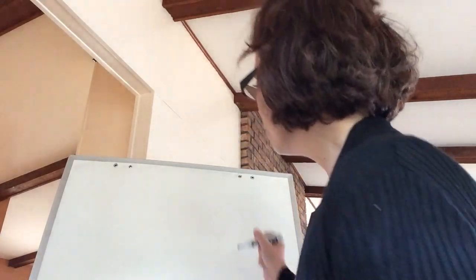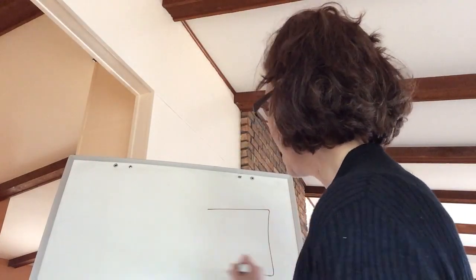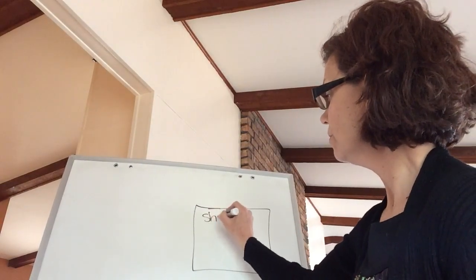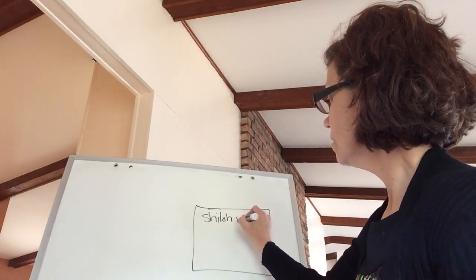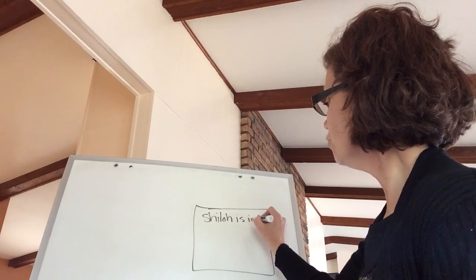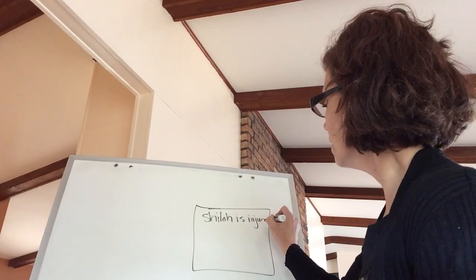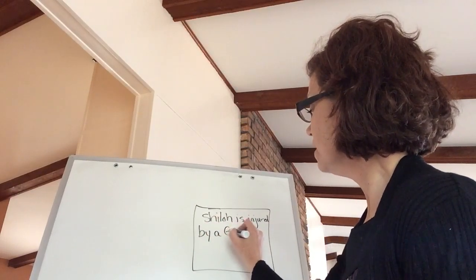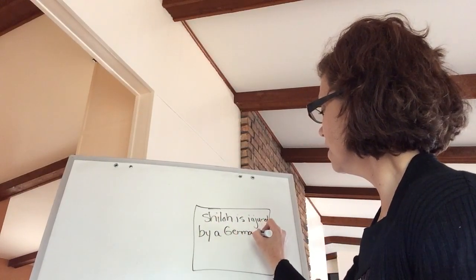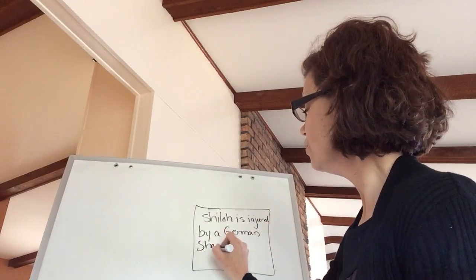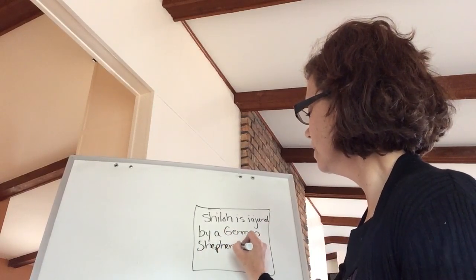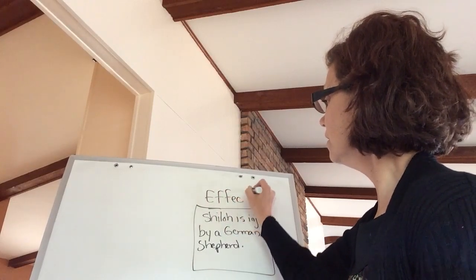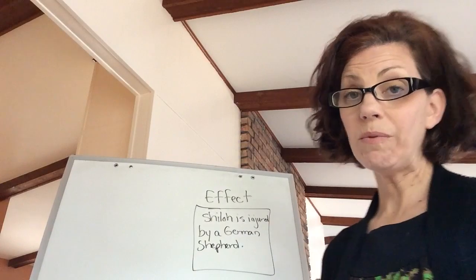So the effect in this whole situation is that Shiloh is injured by a German Shepherd. So that's the effect. What was the cause of that?